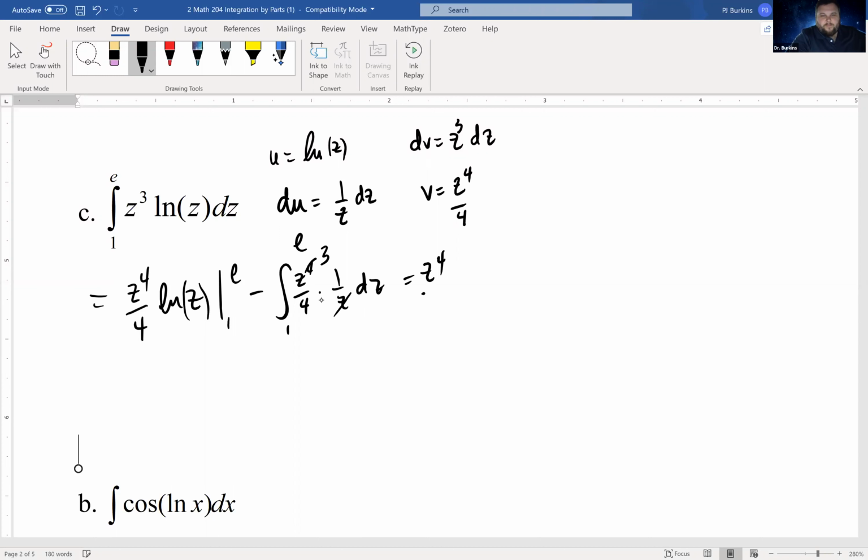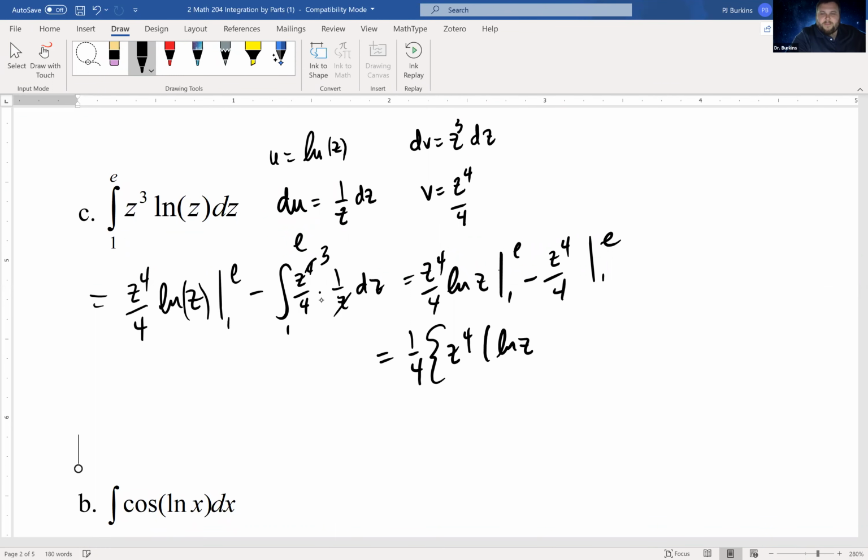So this is z to the fourth over 4, natural log z, 1 to e, minus the integral of z cubed. We literally just did that. So I'm going to pull a 1/4 all the way out in front. Then I'm going to pull out the z to the fourth, and it's going to be natural log z minus 1, just preference. So this is going to be e to the fourth, natural log e minus 1, minus 1 to 2.